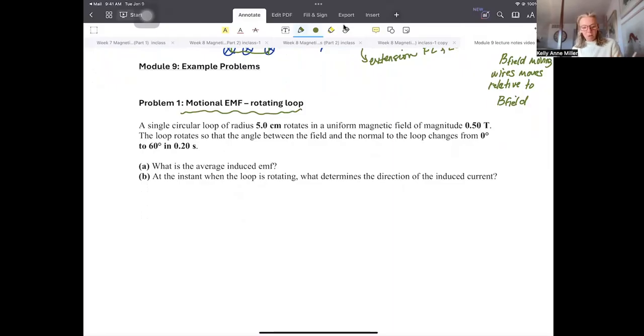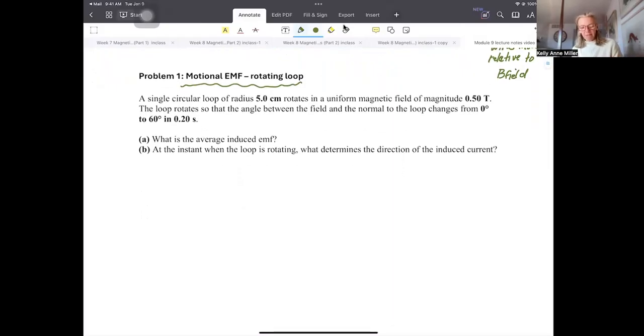We want to know what is the average induced EMF, and when the loop is rotating, how can we figure out which direction the induced current will go in? It's important to note here that the reason this is considered motional EMF is because the magnetic field is not changing.